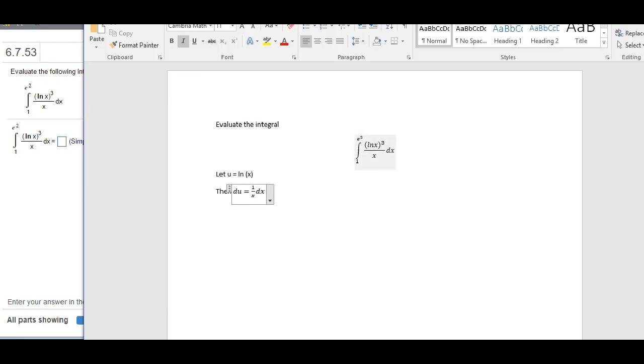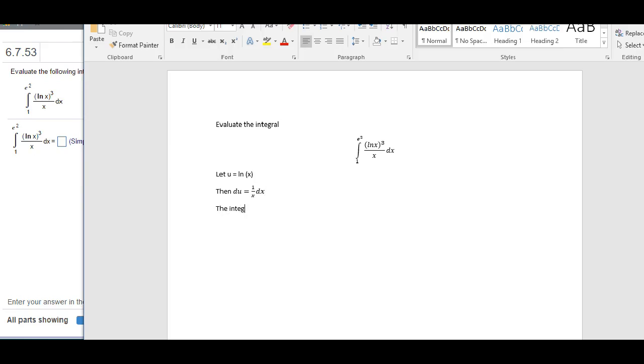The ln of x is going to become a u, and then I'll have u cubed du. I'm going to leave the limits in terms of x instead of transforming those limits into u limits. So I'll just integrate with the u, and then I'll change it back into x, and then I'll evaluate the limits.